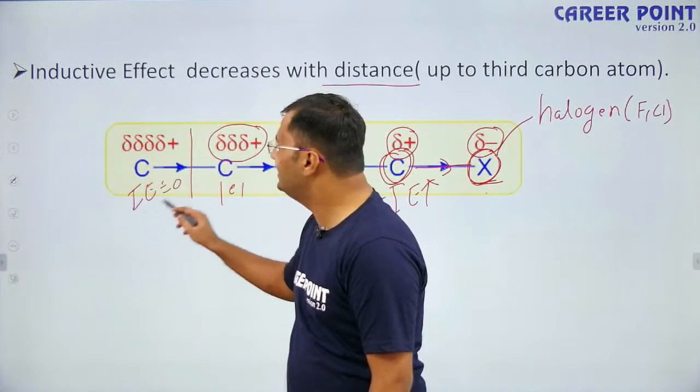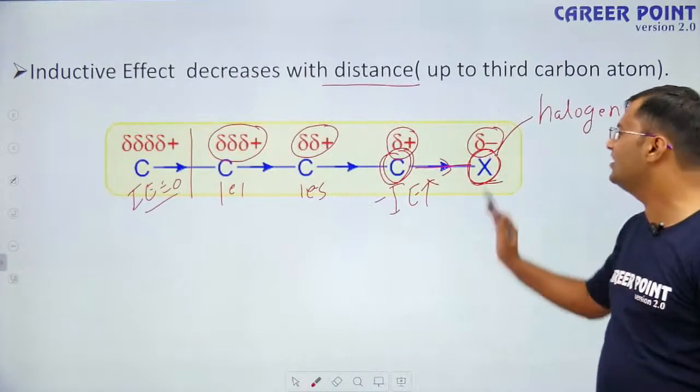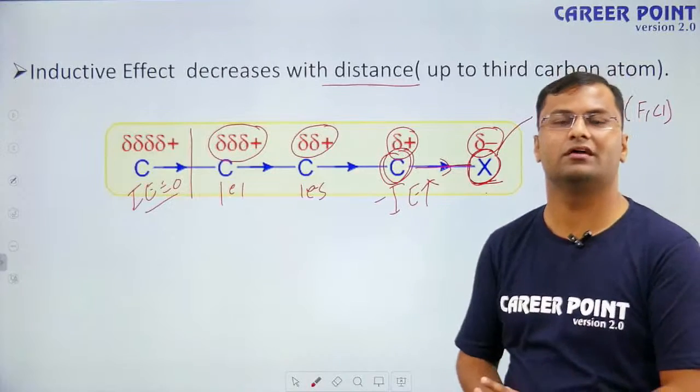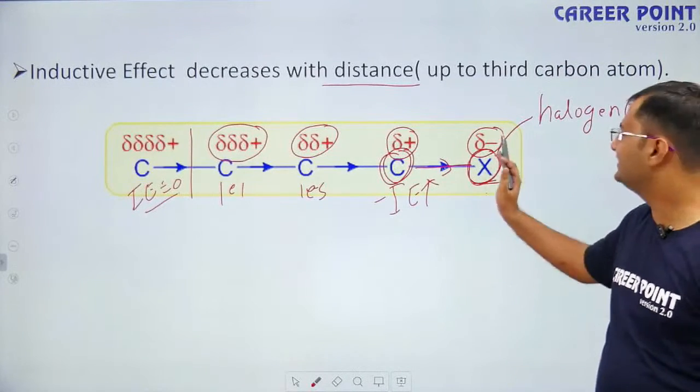So as we move away from the electron withdrawing group, the inductive effect becomes less. Clear?